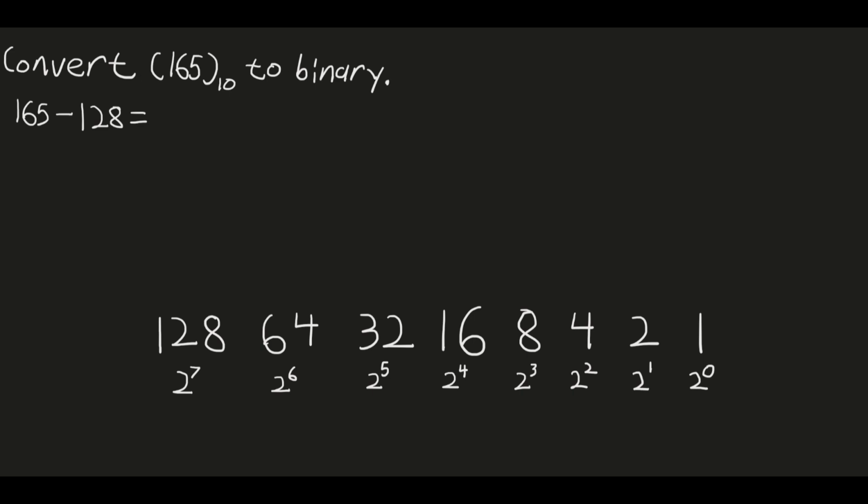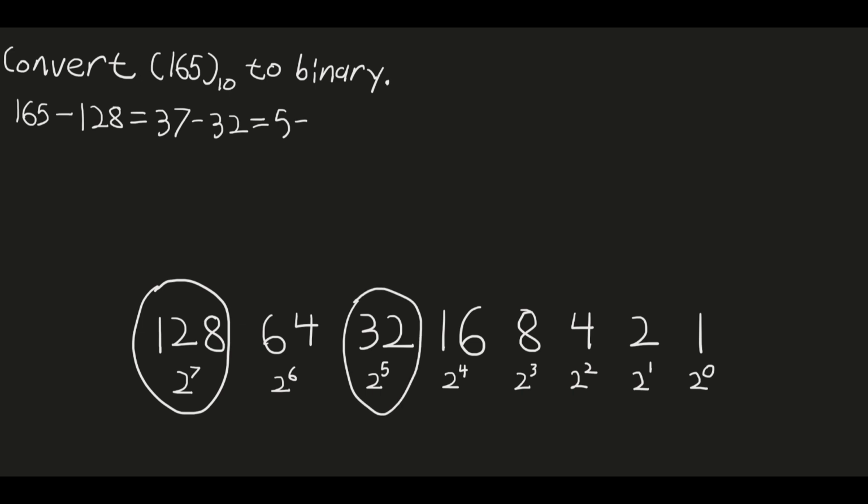Subtracting 128 from 165, that gets us 37. Looking for the greatest number that isn't greater than 37, that's 32. Subtracting 32 from 37, that gets us 5.